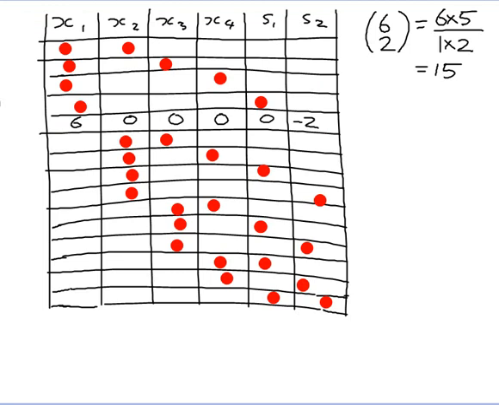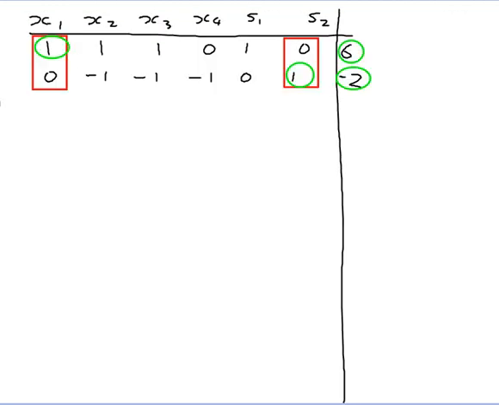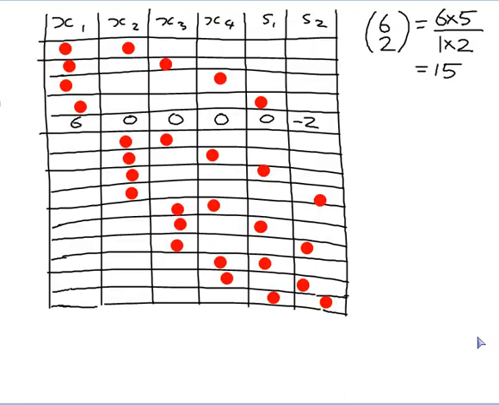And what else can I get from my matrix? Well, there's another little identity matrix just here, S1 and S2. So S1 is equal to 6 and S2 is equal to minus 2, and all the rest are 0.